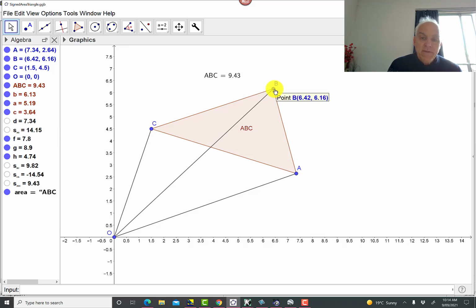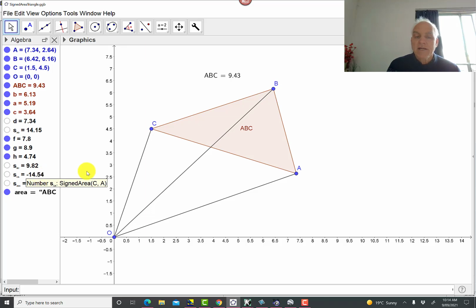Similarly, the signed area of the oriented edge from B to C is given by this quantity here. I've defined a tool, so now I can just input two points, and that turns out to be 9.82. That corresponds to the signed area of the oriented triangle OBC. And finally, the signed area of CA is minus 14.54.